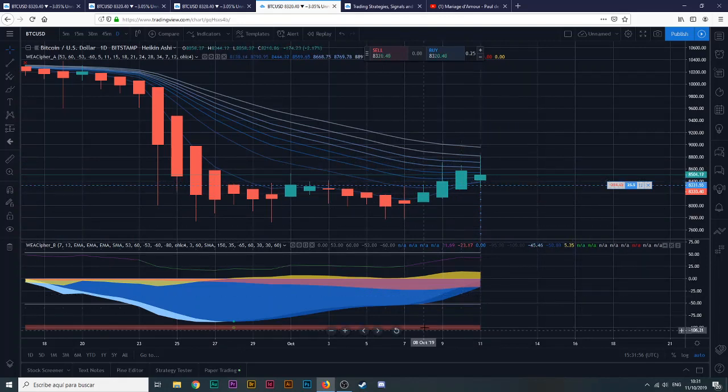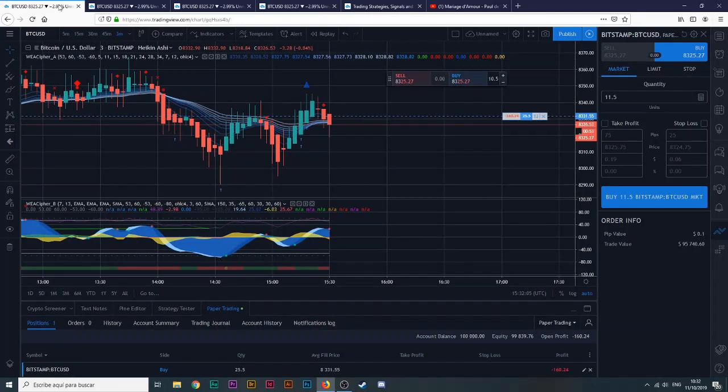So let's go back to the trading. How do you enter a trade? Let's look at the 3-minute chart. We see the blue triangle indicating a reversal of the previous trend.